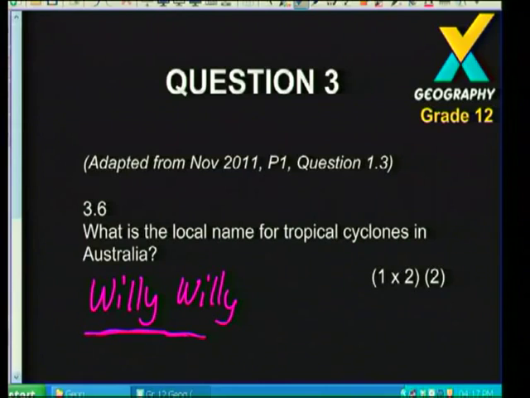And the cyclone itself is known as the tropical cyclone. Unfortunately, we stick with the textbooks in terms of this one, and in most places when we teach this section, it's known as willy. So stick with the original concepts, and I'm aware that this concept and explanation has changed.